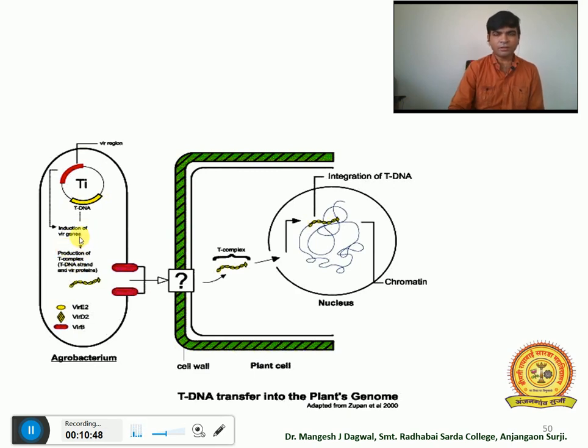Once there is an induction of the VIR region, it produces this number of proteins by this number of genes that act here, and here you can see there is a T-DNA. This T-DNA along with the gene of interest enters the plant cell and is integrated into the chromosome or the chromatin material of the plant cell.